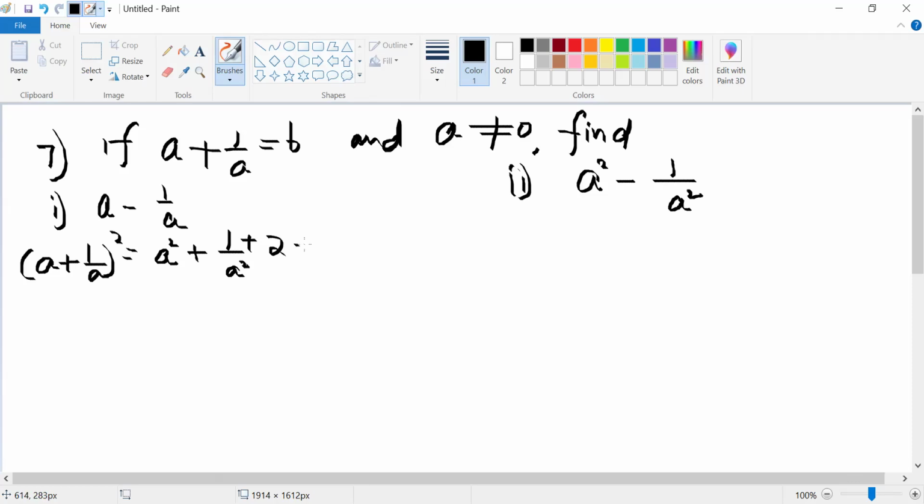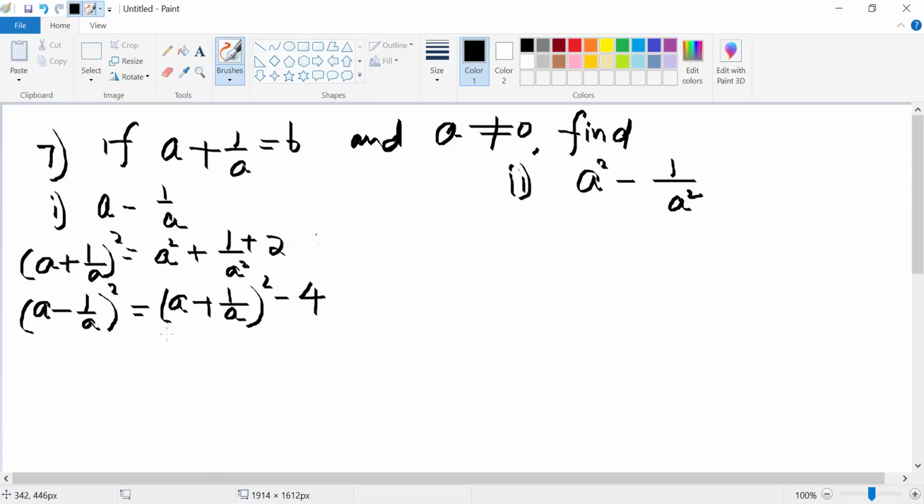If you subtract 4 from this, it becomes a square plus 1 by a square minus 2, which is a minus 1 by a whole square. So we can write a minus 1 by a the whole square is equal to a plus 1 by a whole square minus 4. Then find the square root.